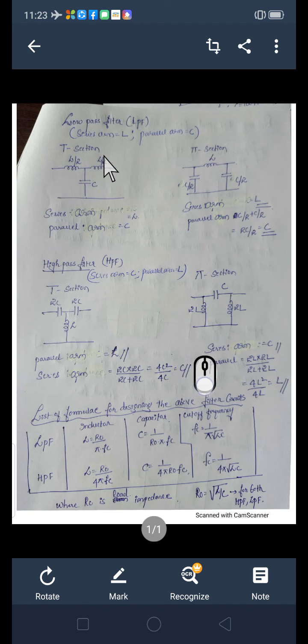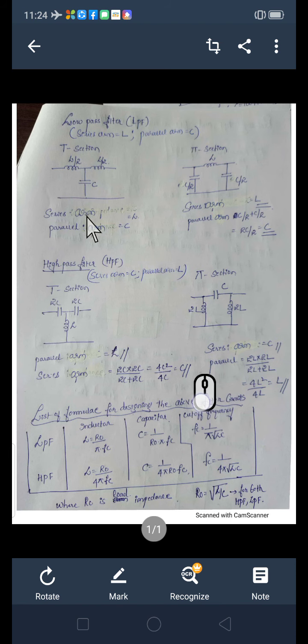Here L by 2 means the total is L. Series L, parallel C in low pass filter. This reverses in case of high pass filter: series C, parallel L. So that is the difference between low pass filter and high pass filter.